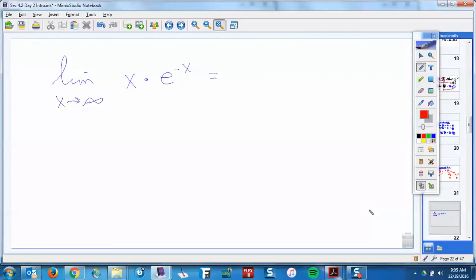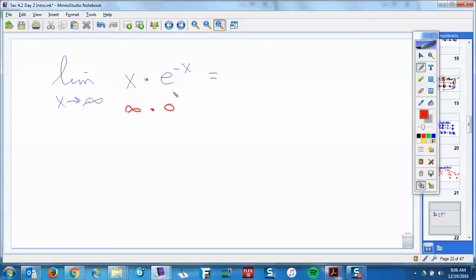Okay, so let's do a couple of quick examples of that. So right here's a good one. Okay, as x goes to infinity, now what's x doing? X is getting big, and what's e to the negative x? That's small. So what I want to do is do the reciprocal of one of those and divide it. Well, what would be the easy one to do reciprocal?